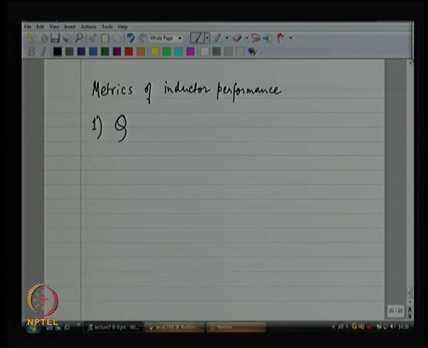Okay. This is something of great importance. Q kind of summarizes a lot of different things. It summarizes all the different losses in the inductor. How? Well, the definition of Q itself is what? The definition of Q is omega times the peak energy that is stored divided by the average power that is dissipated, right.